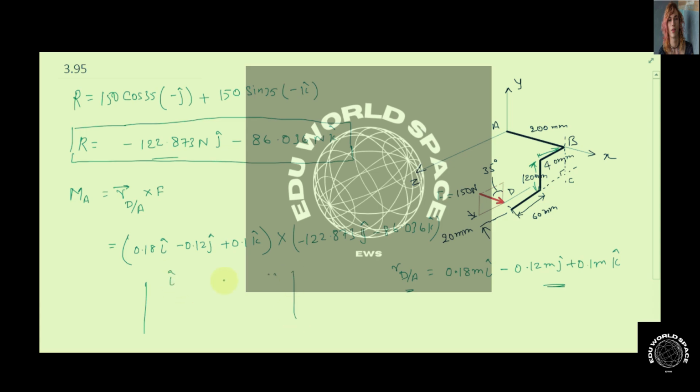So this is i, j and k. This will be 0.18, minus 0.12 and 0.1, and here the x component is 0, the j component will be minus 122.873 and its k component will be minus 86.036.